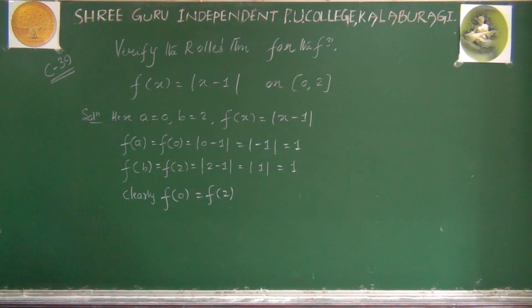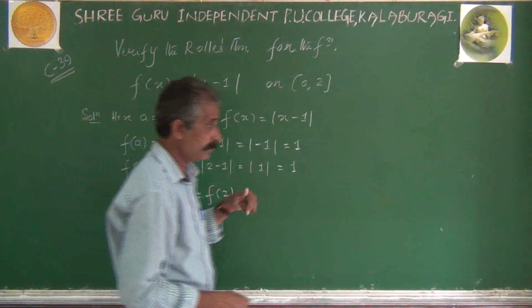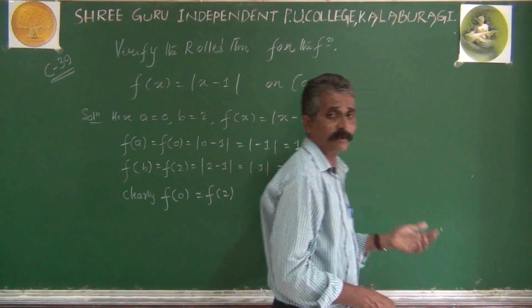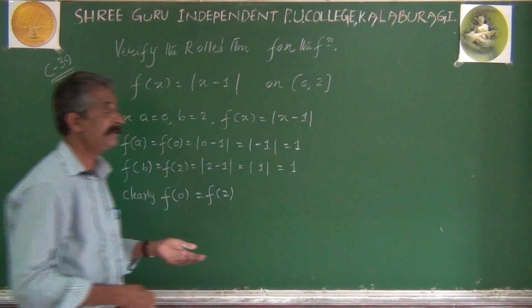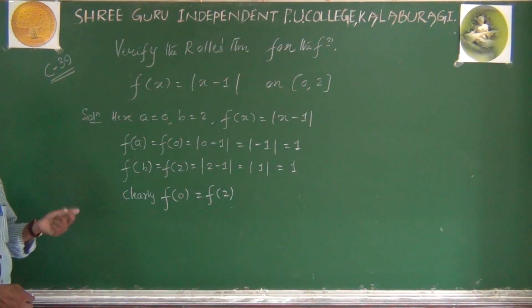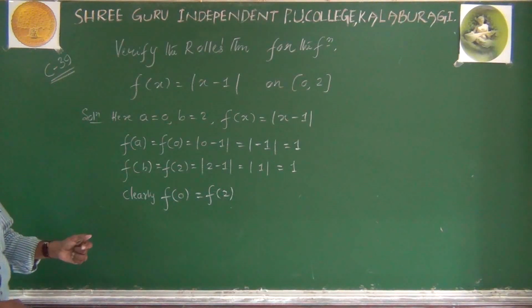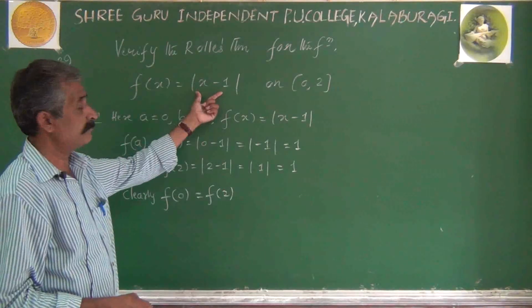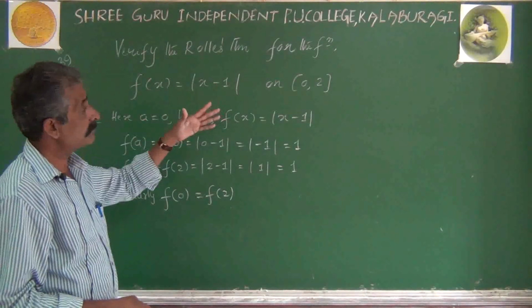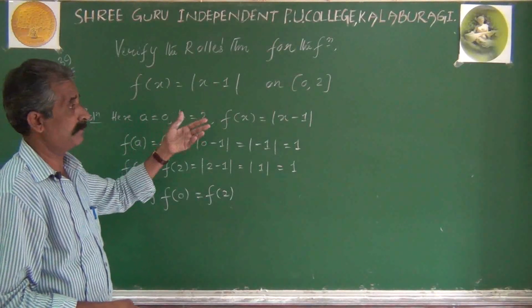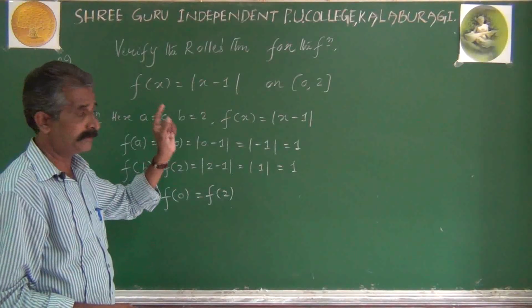Let's find this function's derivative. For that purpose we use our earlier concept. Already it has been noted in earlier classes that the function mod of x minus a is continuous but not differentiable at the particular point a.